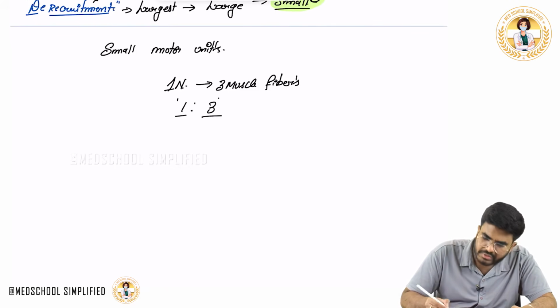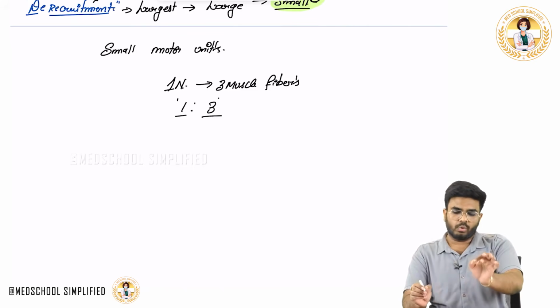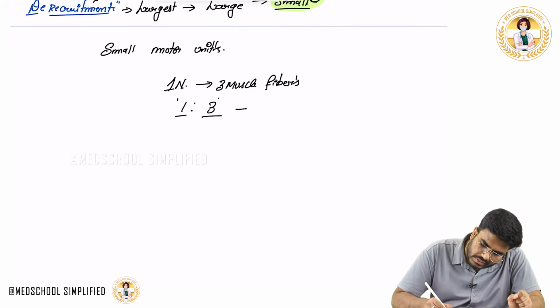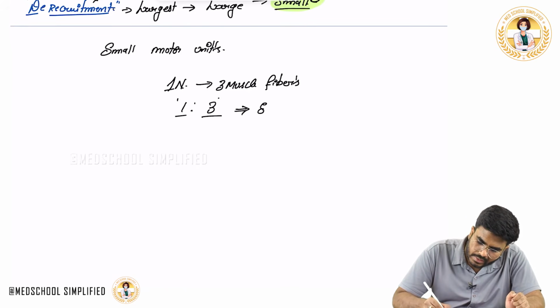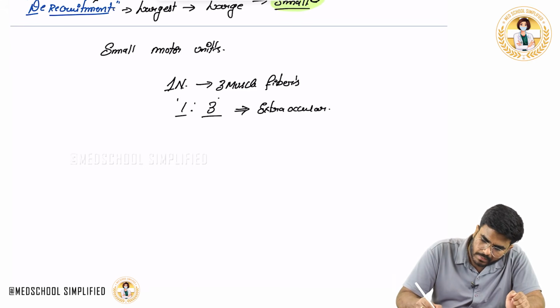That is the smallest, where one motor neuron innervates only 3 muscle fibers. Such small motor units are seen in extraocular muscles.